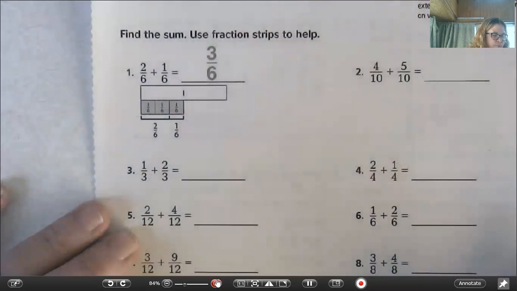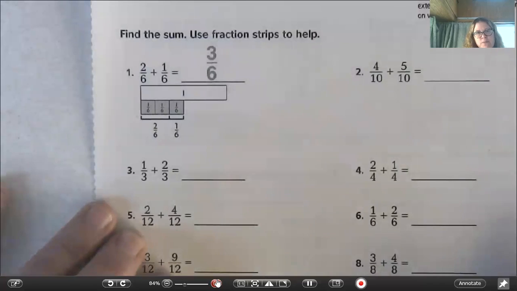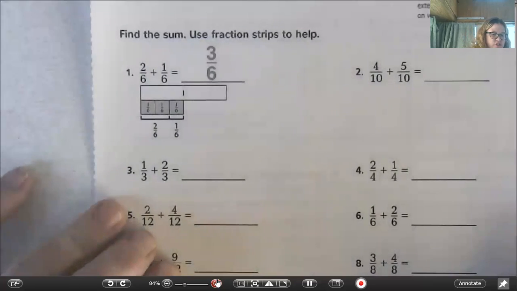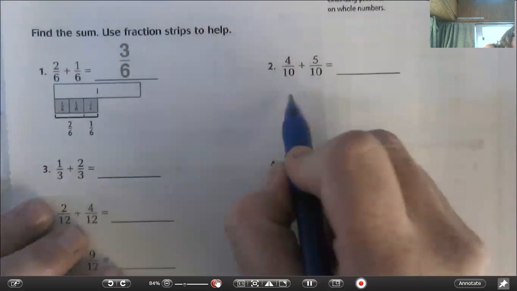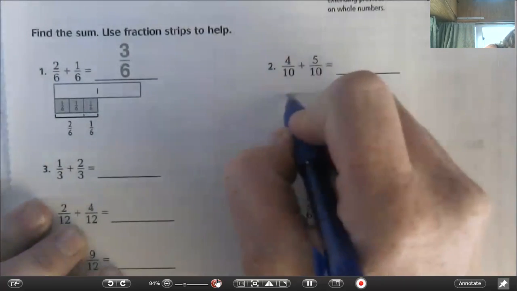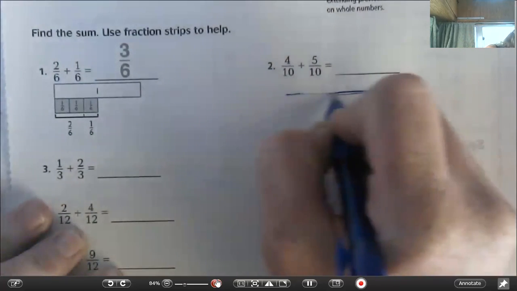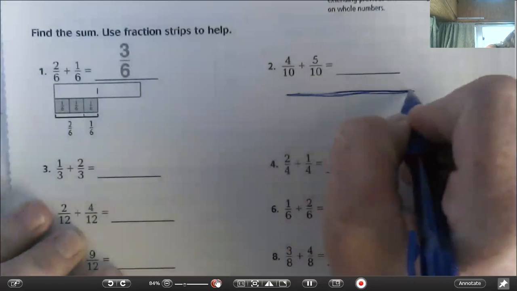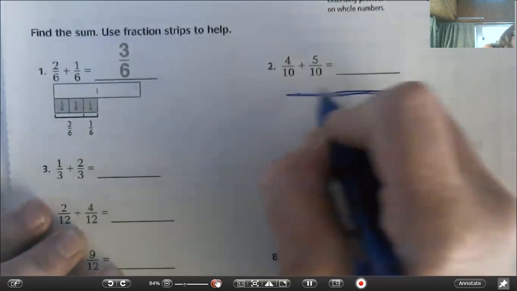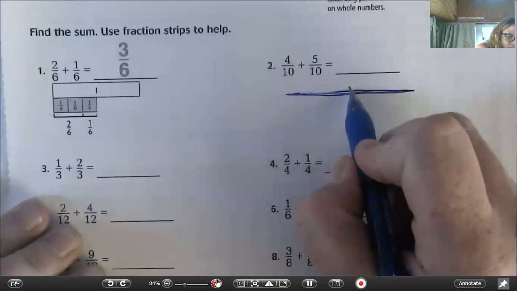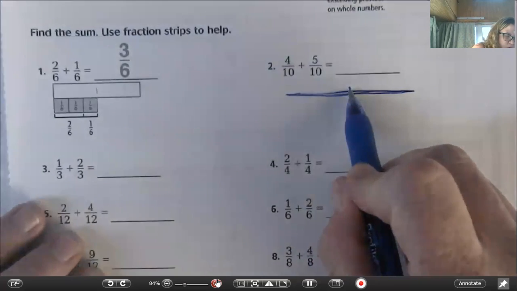So when you do a model, you can make a rectangle and then put your parts underneath it. What I like to do when I am writing these out with pens, instead of using fraction strips, I can make a line, kind of like a number line, right? Halfway would be 5.